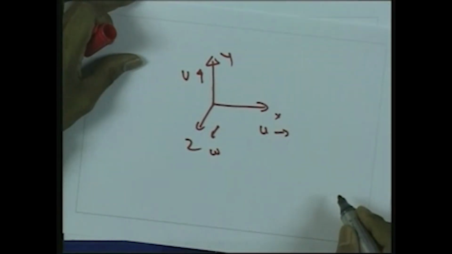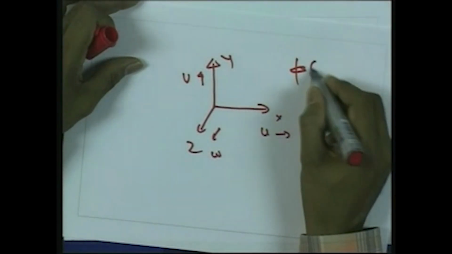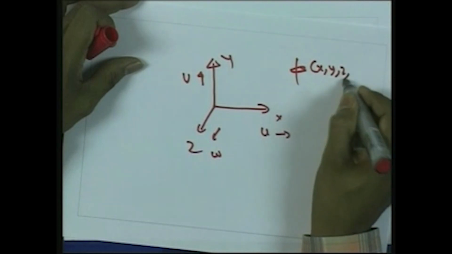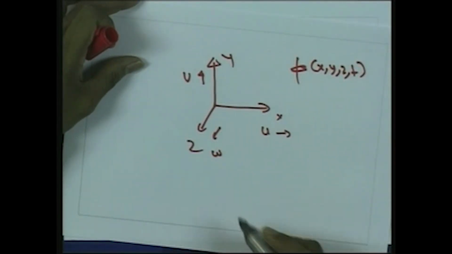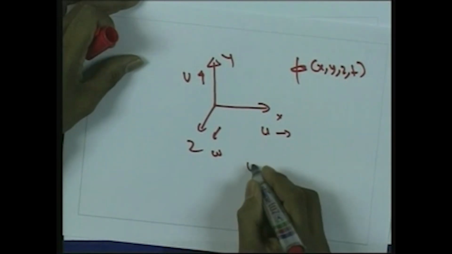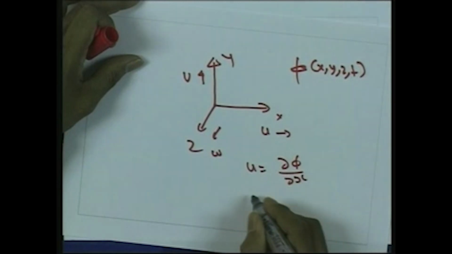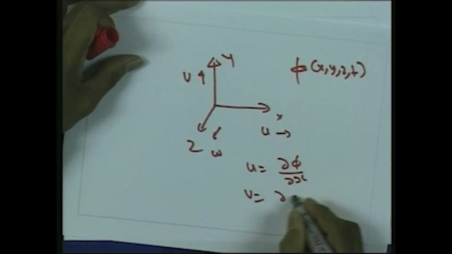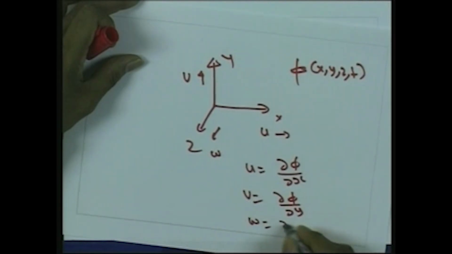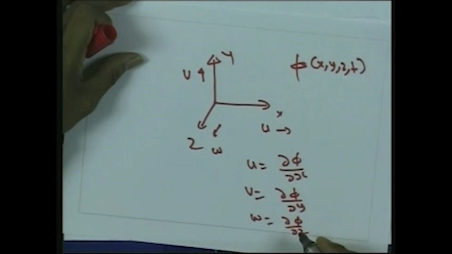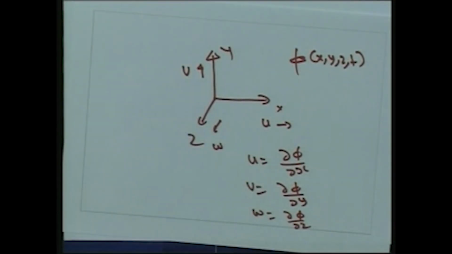So we are defining a term called velocity potential, which varies with respect to x, y, z and t, such that u we can write as del phi by del x, v as del phi by del y, and w as del phi by del z. That is the way we define this velocity potential.